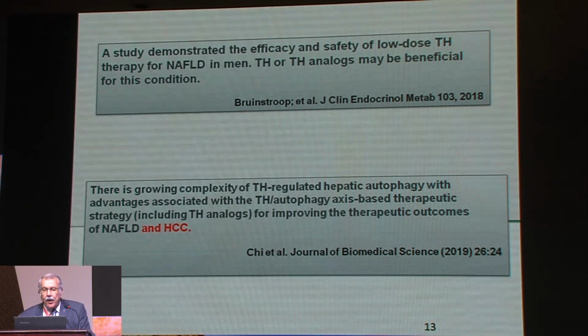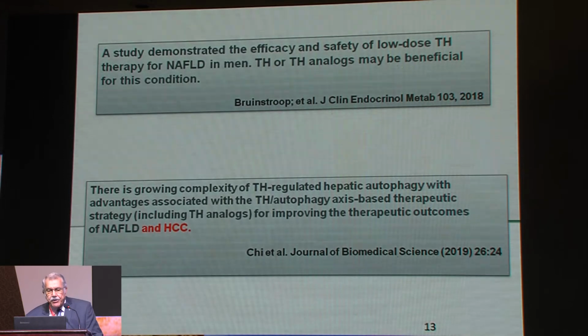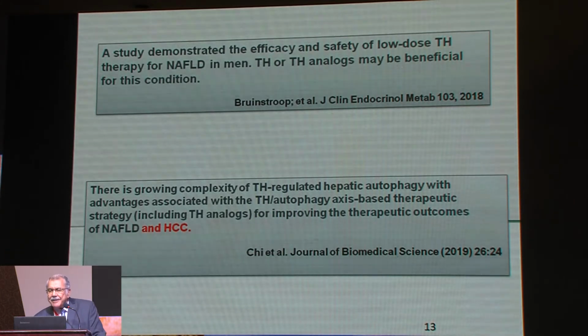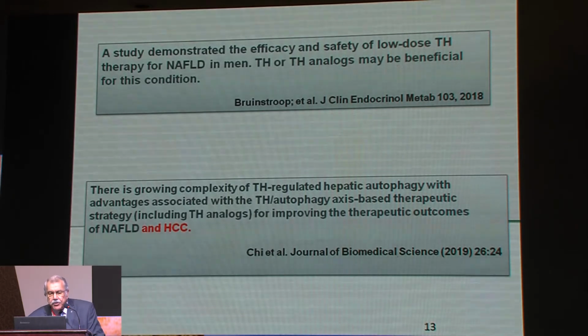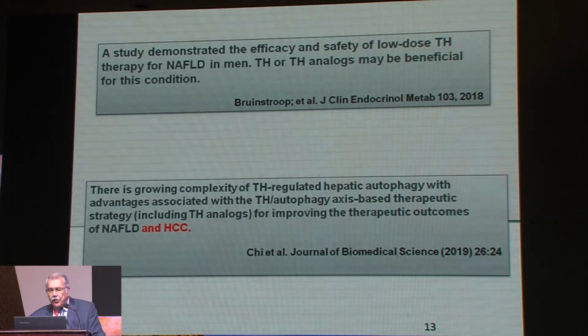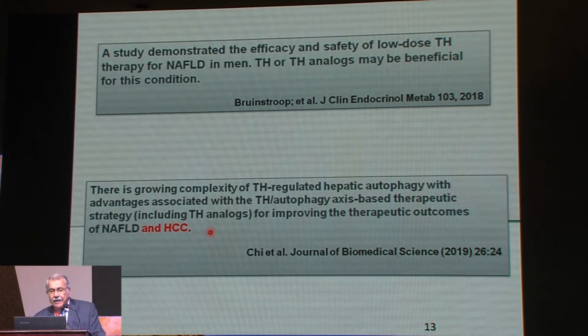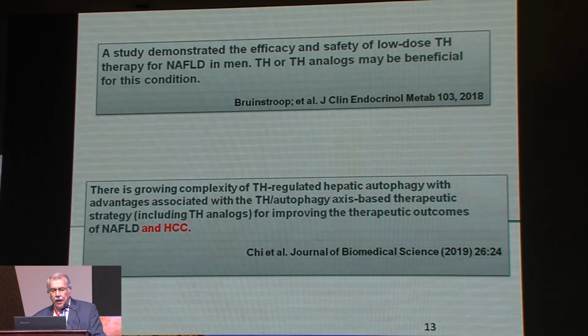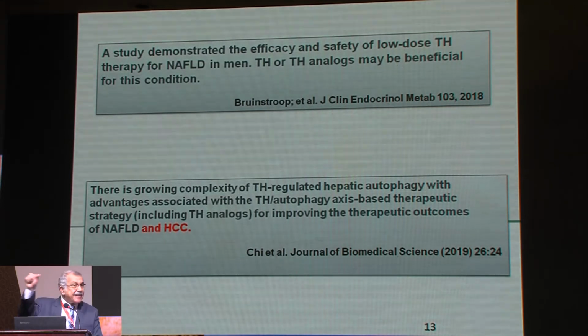In mice, thyroid hormone or thyroid hormone analogs may be beneficial for this condition. Also, there is a growing complexity of thyroid hormone-regulated hepatic autophagy as a mechanism, with advantages associated with the thyroid hormone autophagy axis-based therapeutic strategy, including thyroid hormone analogs, for improving the therapeutic outcome of NAFLD and HCC.